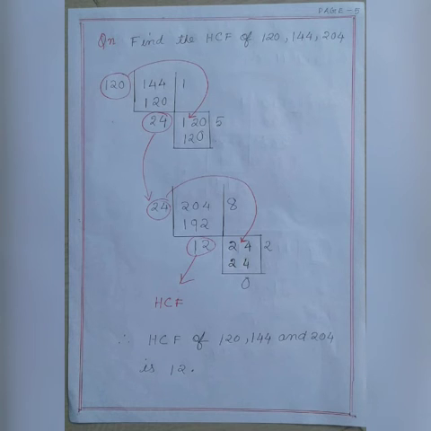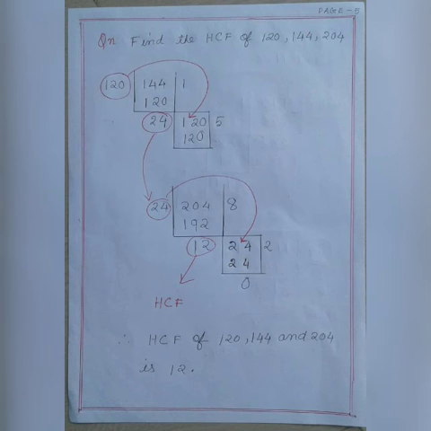So what I get is 1 as quotient and remainder is 24. Now I bring back 120 as dividend. If I divide 120 by 24, I get 5. Now 24 is the HCF of 120 and 144.